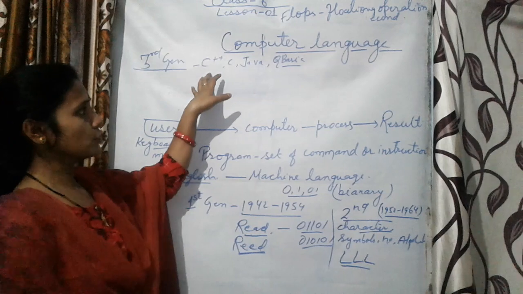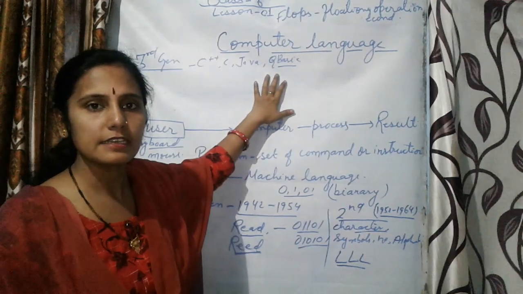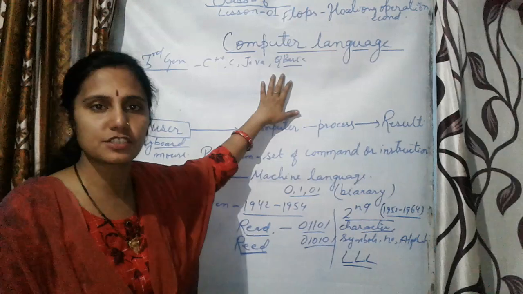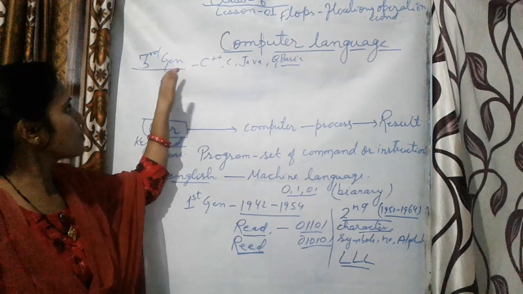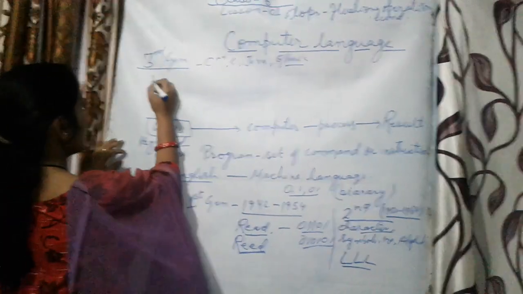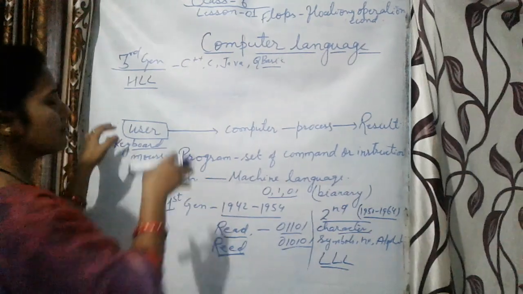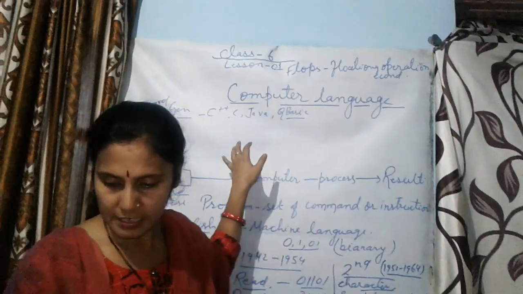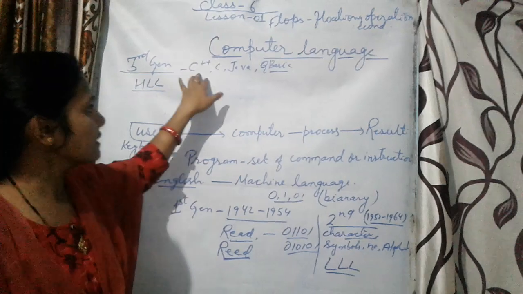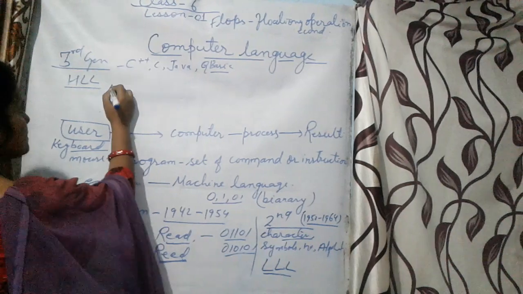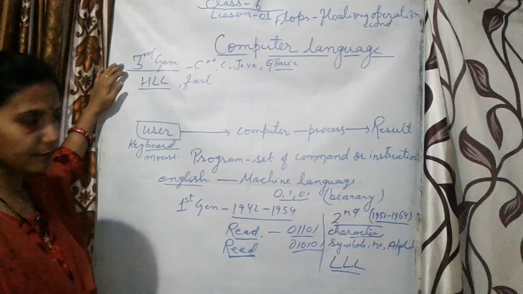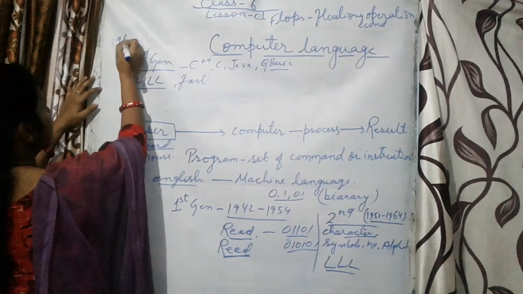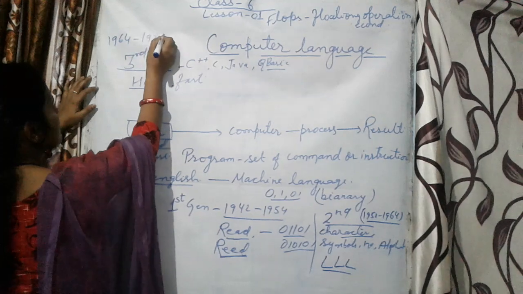For using these languages, they use a special type of structure, a special type of syntax. These languages follow special grammar and work very fast. The third generation language started in the year 1964 to 1970.